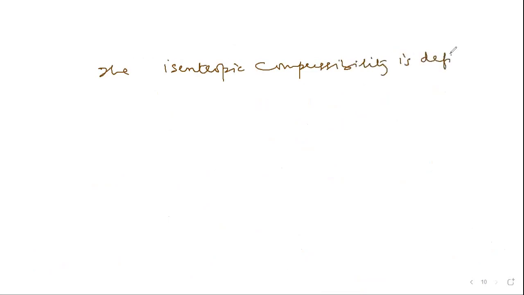Then we define a quantity, the isentropic compressibility, as kappa S equal to minus 1 over V dou V by dou P at S. Isentropic compressibility is defined this way.